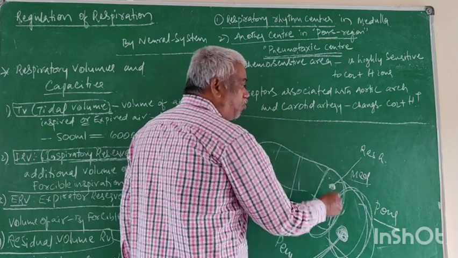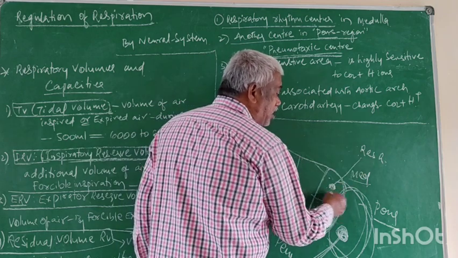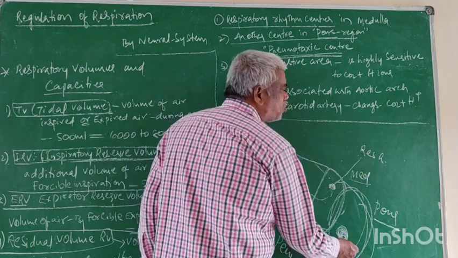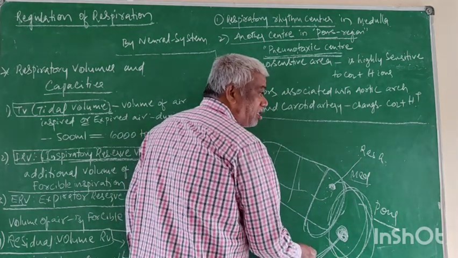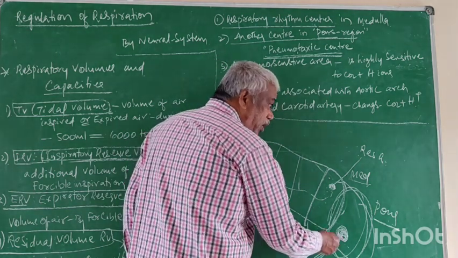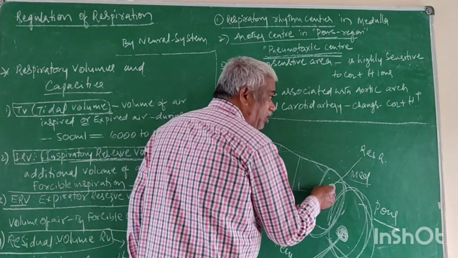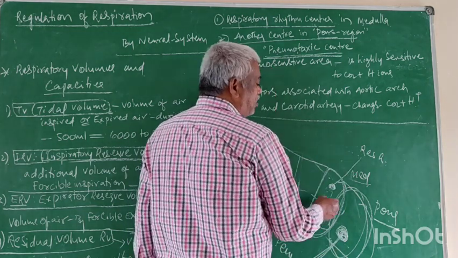Right. The function of the respiratory system is under the control of the pneumotaxic center; the function of the pneumotaxic center is to control the respiratory system.